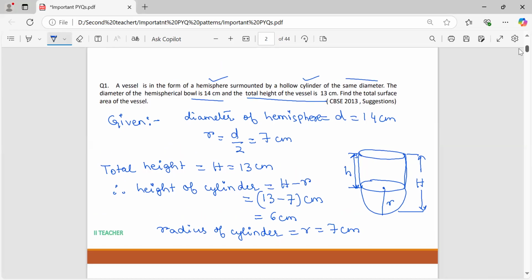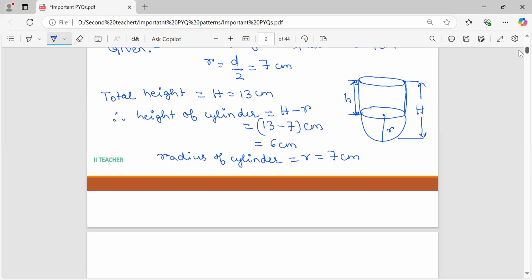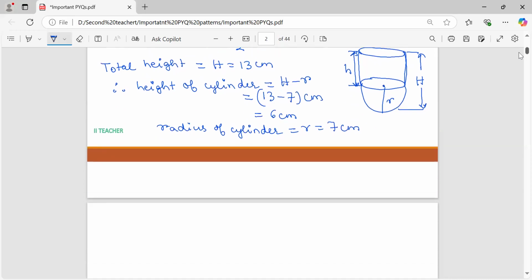cylinder. Now they have asked find the total surface area of the vessel. Now this is a hollow, okay? So one surface area is outside the vessel and one surface area is inside the vessel, right? So that we have to remember.